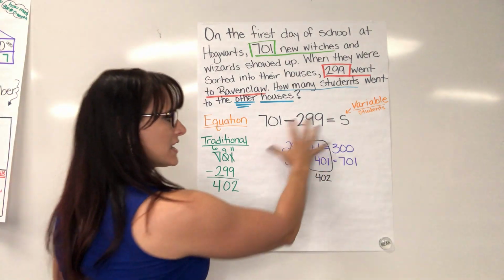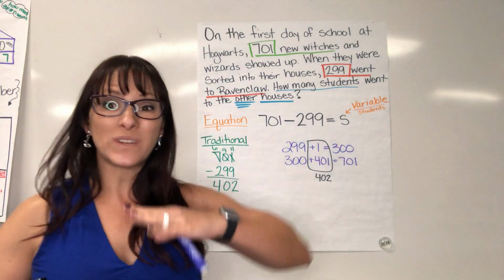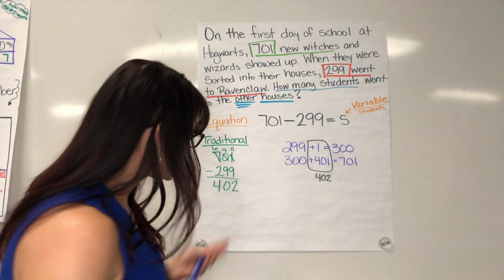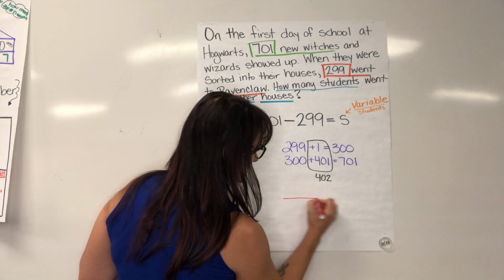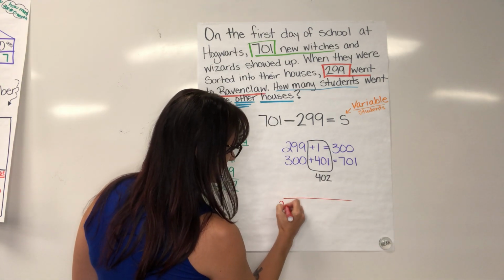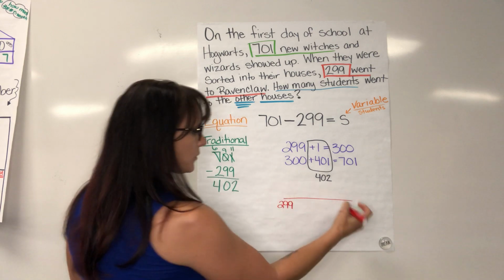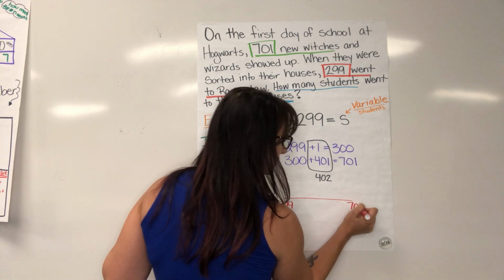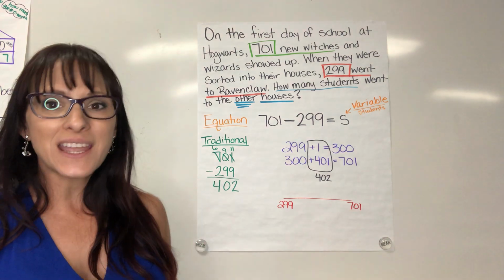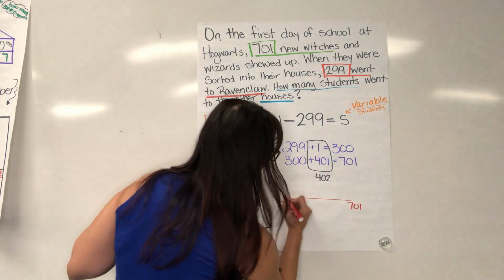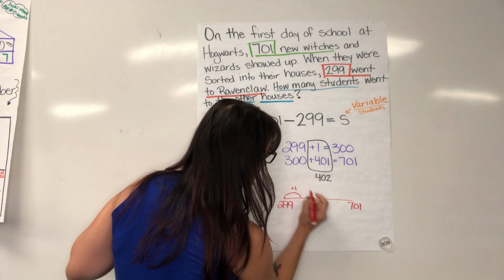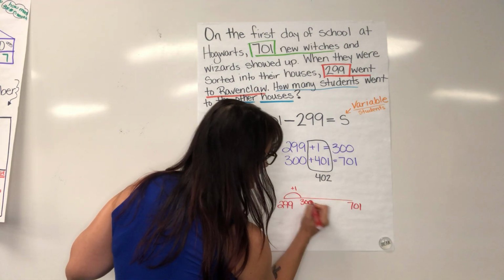If this is confusing to you, if you need to see it laid out, use a number line. Super simple. We have our 299 here. We want to get to 701. I'm going to follow that same method of thinking. How can I make this number easy? So again, I add 1. That gets me 300.